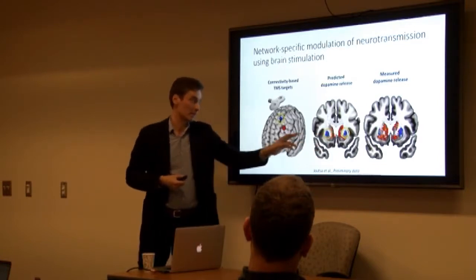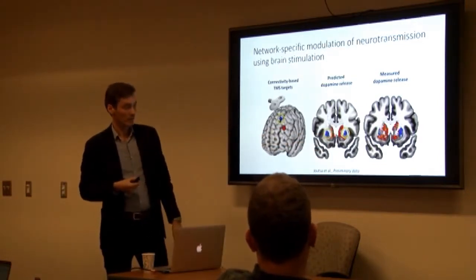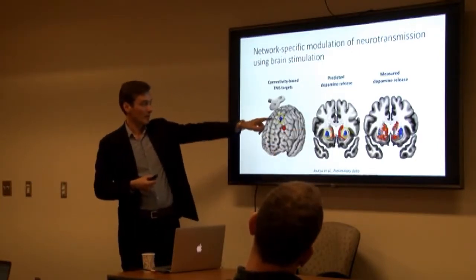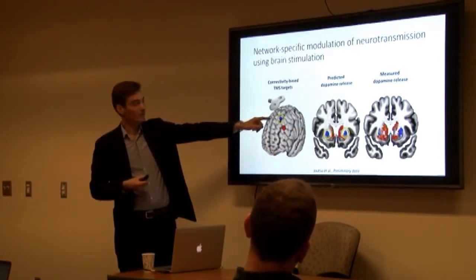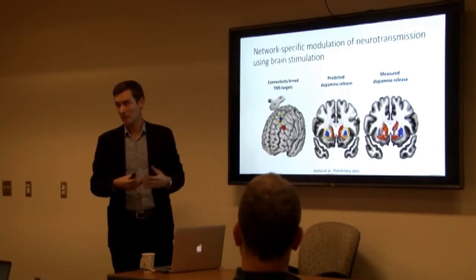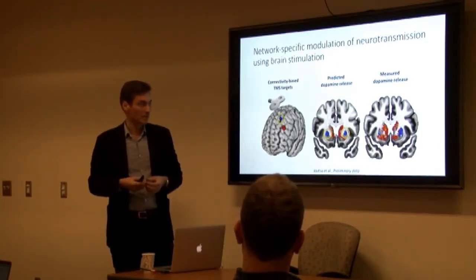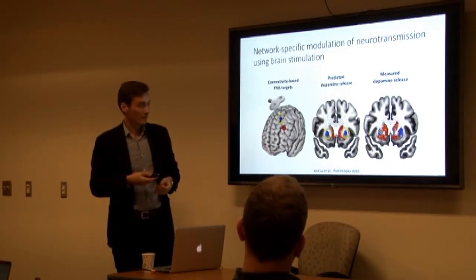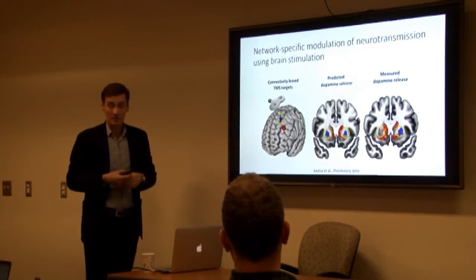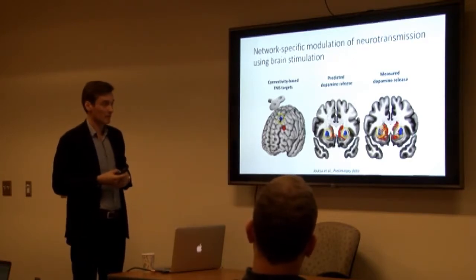And same with the red regions in the striatum. We then applied intermittent theta burst to these targets and measured changes in dopamine function using PET imaging. And sure enough, this is just based on our first case, so we are still collecting data.